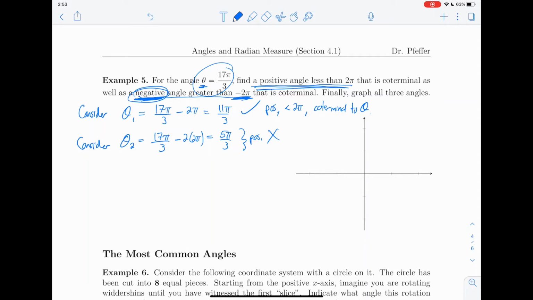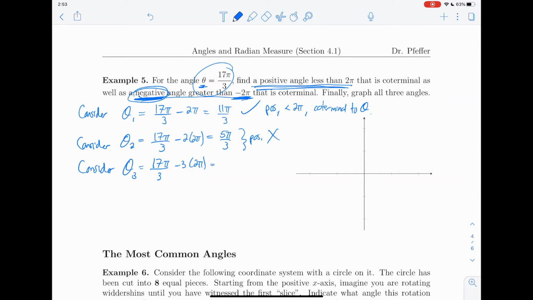So this isn't a good thing to consider, but we're definitely getting smaller and smaller. 17 pi over 3 is a very large angle. 5 pi over 3 is a little bit smaller. So maybe our last consideration is theta 3, which is the original angle in question, but instead of subtracting off 2 full revolutions, we're going to subtract off 3 full revolutions.